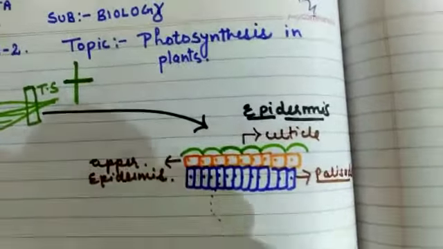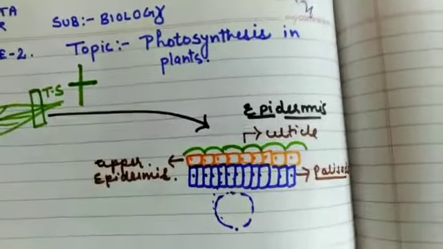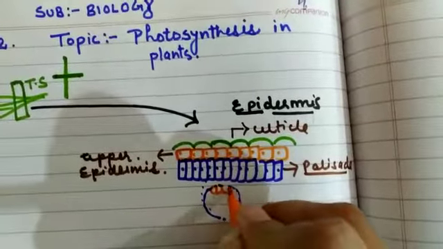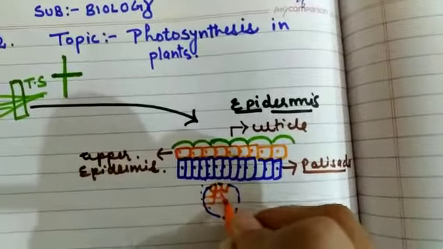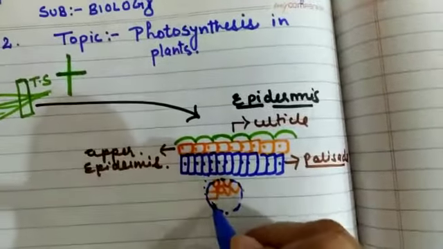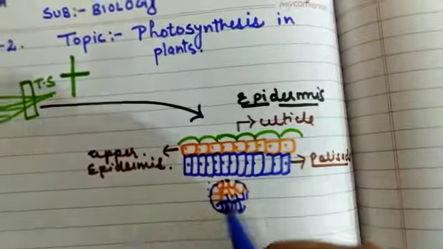Now, beneath this palisade cell, there is a vascular bundle which consists of two types of cells. The first one is the xylem, this orange one, and beneath it, this one is the phloem.